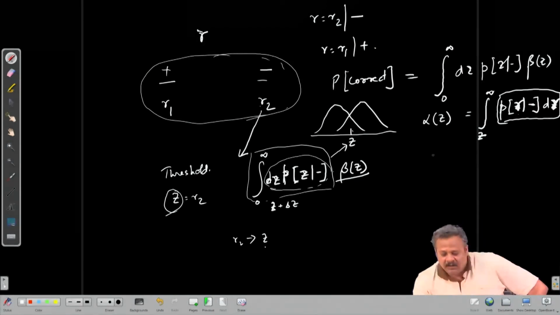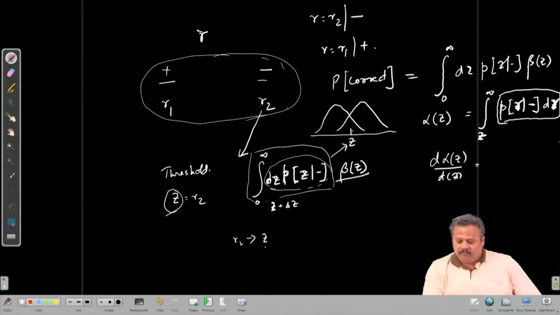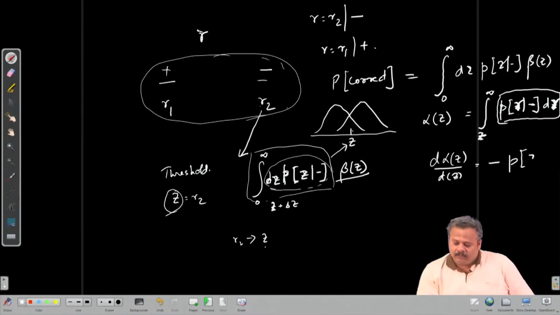Now, if we consider d alpha z dz by applying the rules for the derivative of an integral, where we have the function of the variable based on which we are taking the derivative in the limits, then this derivative turns out to be minus p of z given minus.